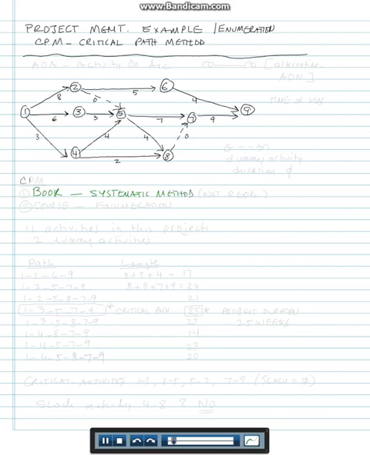And so CPM can be done using the systematic method, and that's not required in this course. It's too detailed, and it's for more of a required course on project management, which this is not.